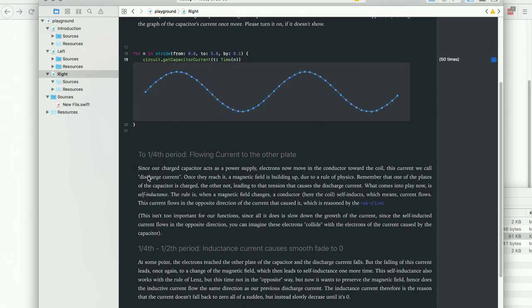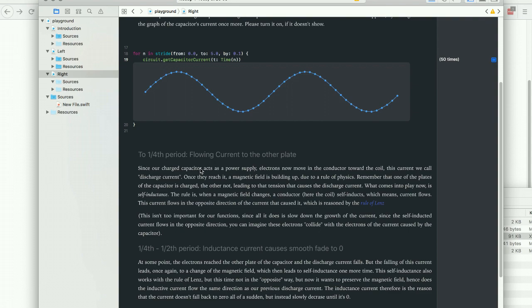Exactly. So, since our charged capacitor acts as a power supply, as I told you, electrons now move in the conductor toward the coil. This current we call the discharge current. Once they reach the coil, a magnetic field is building up due to a rule of physics. This is something that's very basic.